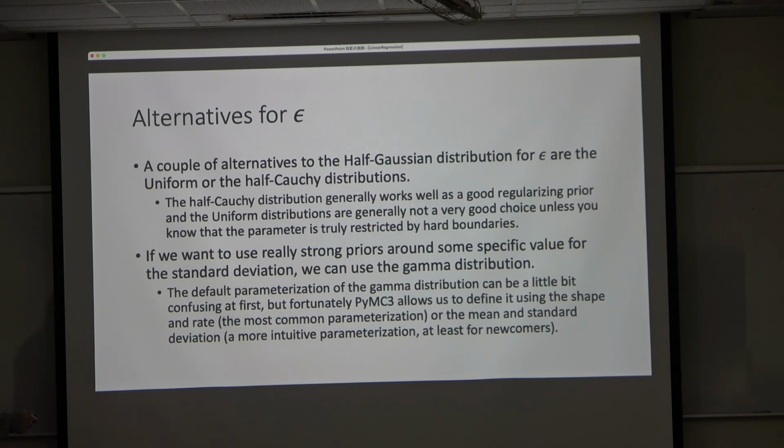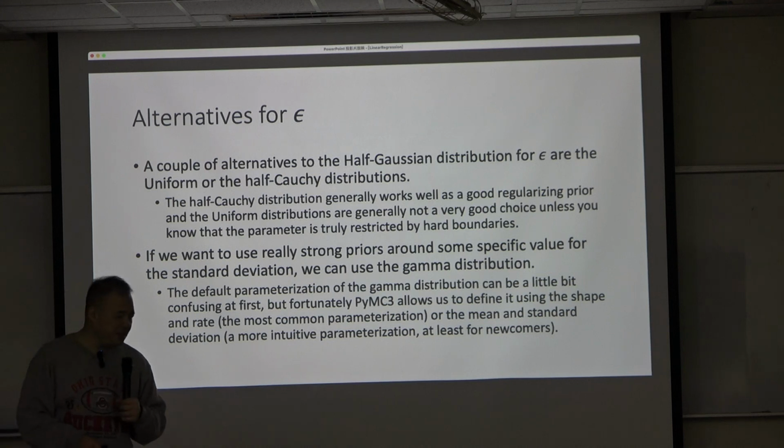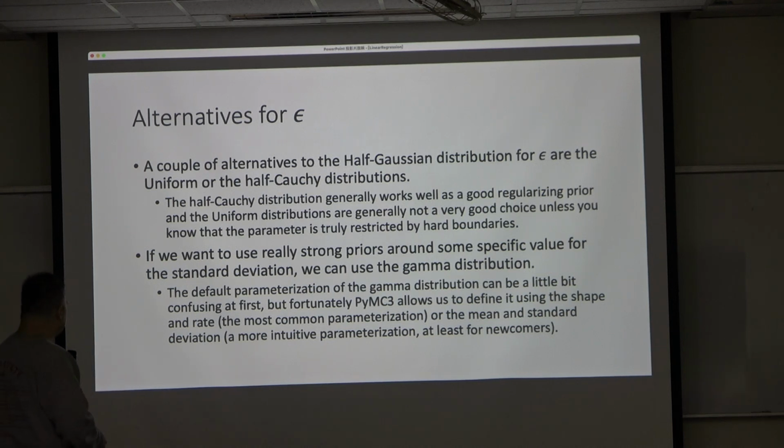The half Gaussian distribution generally works well as a good regularizing prior. So later on, in the example, you will see we use the half Gaussian for the prior distribution for epsilon.